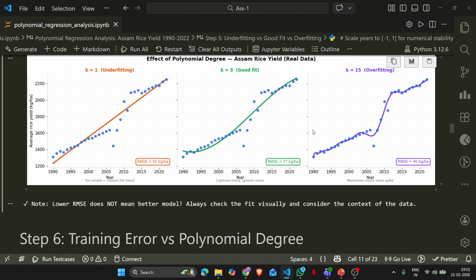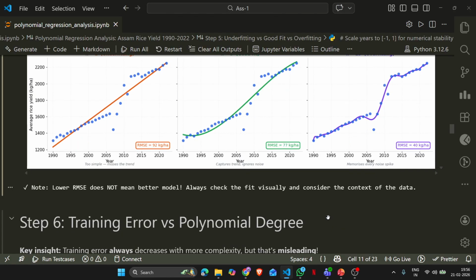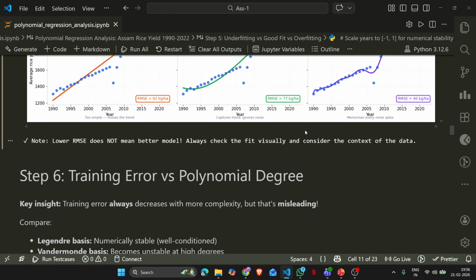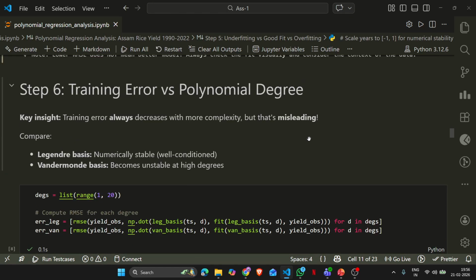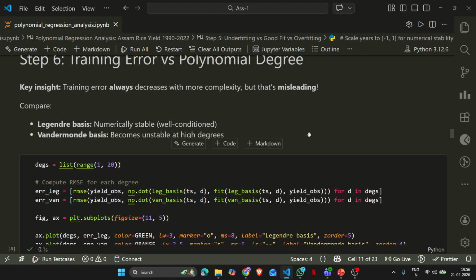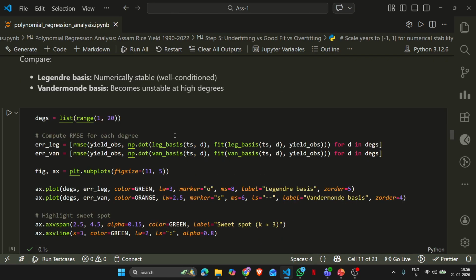And as it is written here, lower root mean squared error does not mean a better model, we need to always check the fit visually and then consider the context of the data. So now we'll see the training error versus the polynomial degree. Now I'll plot the degree versus the error.